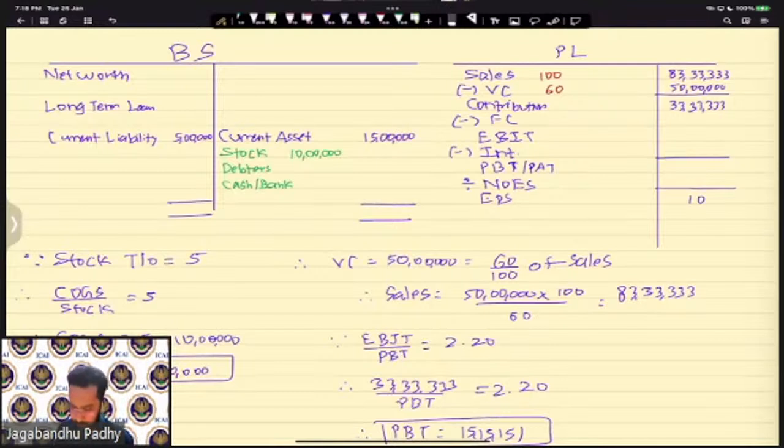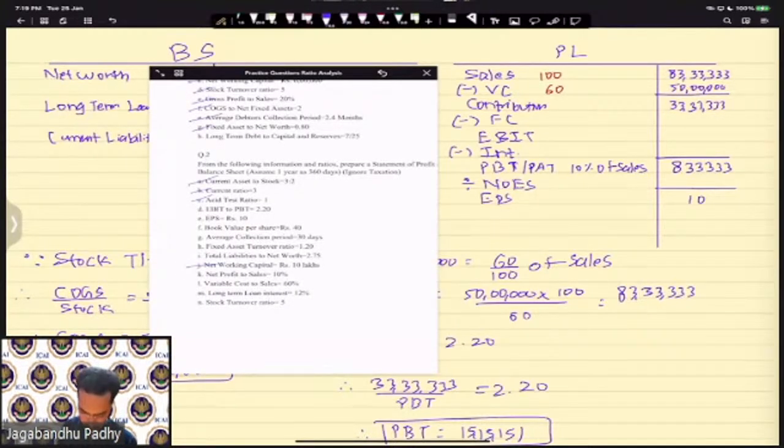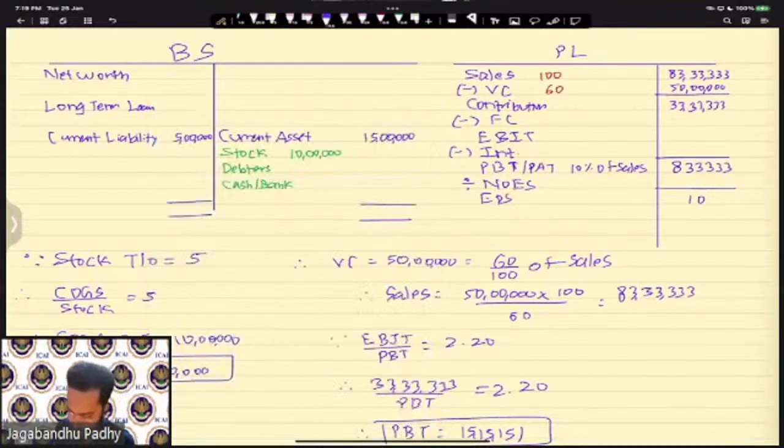Therefore, net profit is 10% of sales, which will be 8,33,333. Interest rate is given to be 12 percent anyways.